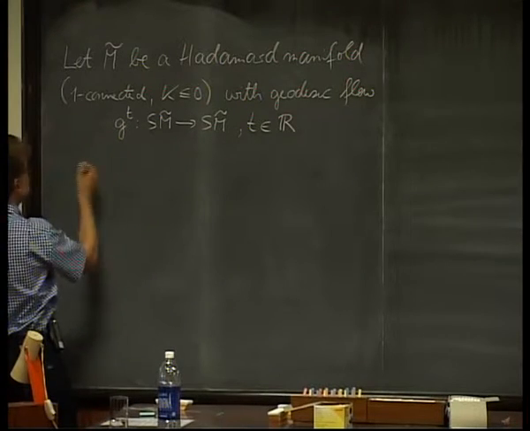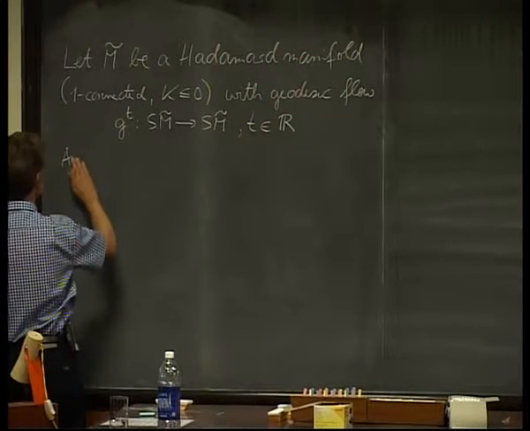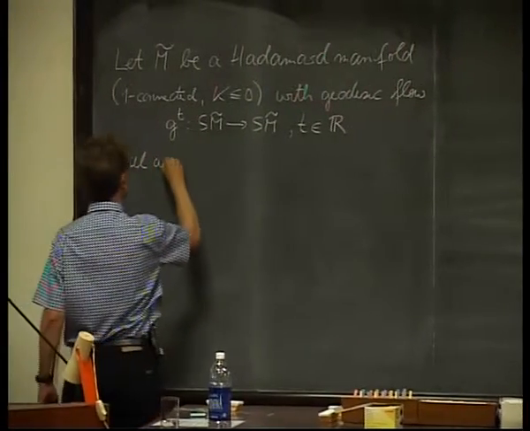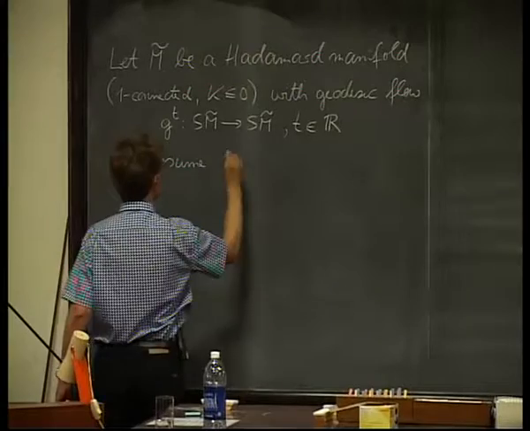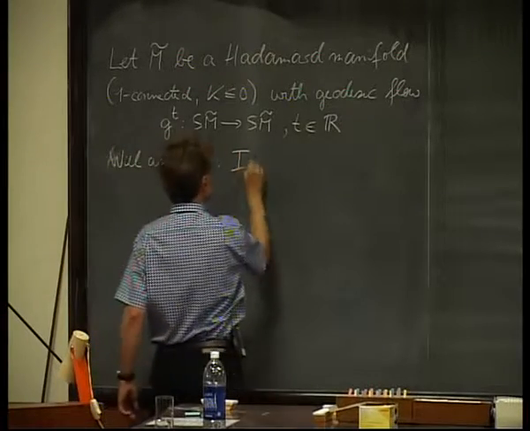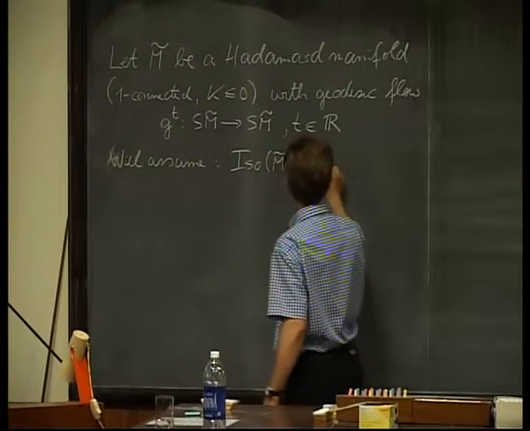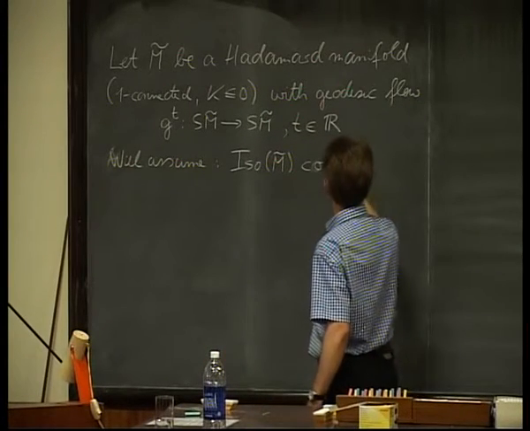And, coming to the title of my talk, I will always assume that the isometry group of M tilde is large in the following sense. So it should be co-compact.